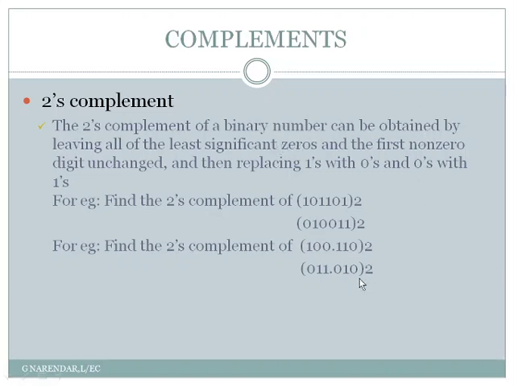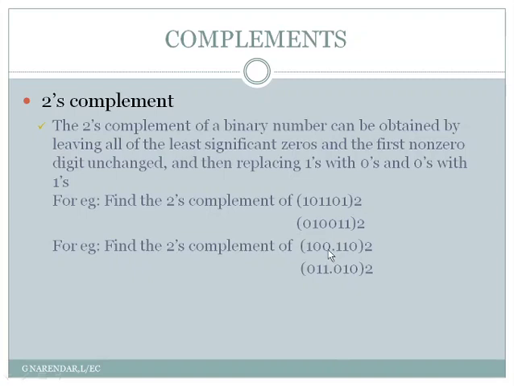Starting from the least significant bit position, LSB position, if you find zeros, leave them as they are. If you find the first non-zero digit, leave it unchanged. But after this digit, whatever bits you find, if you find 1, replace it with 0.